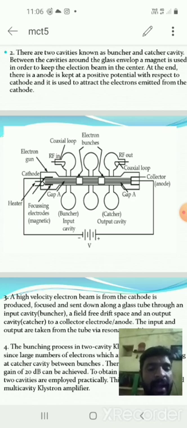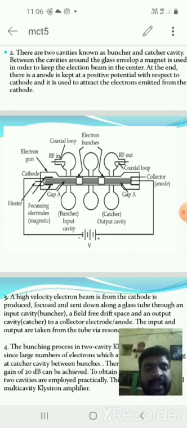Then after the catcher cavity, the electrons are attracted by the collector, that is the anode. Here the amplified RF signal is collected by the output cavity, called the catcher cavity. This RF signal is amplified in this way and transmitted from the buncher cavity to the catcher cavity.